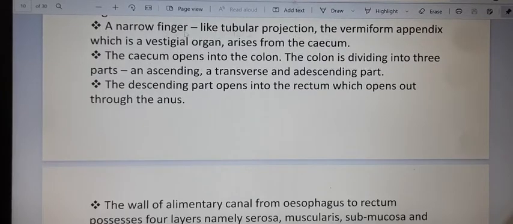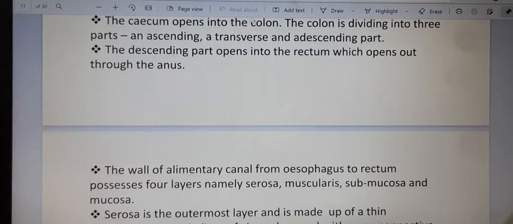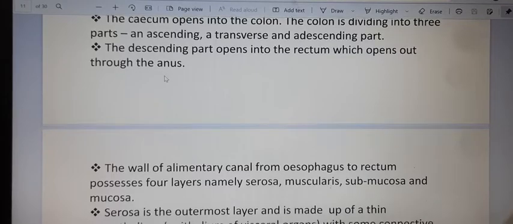A narrow finger-like tubular projection, the vermiform appendix, which is a vestigial organ, arises from the cecum. Then the cecum opens into the colon. The colon is dividing into three parts: an ascending, a transverse, and a descending part. The descending part opens into the rectum, which opens out through the anus.